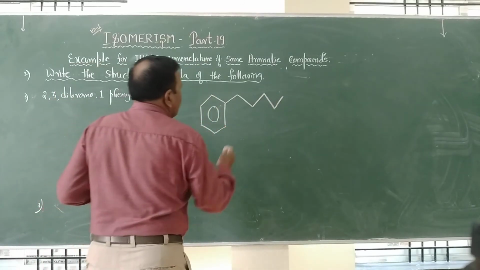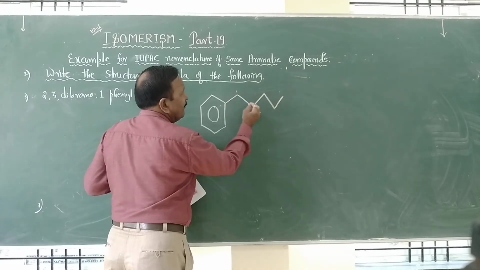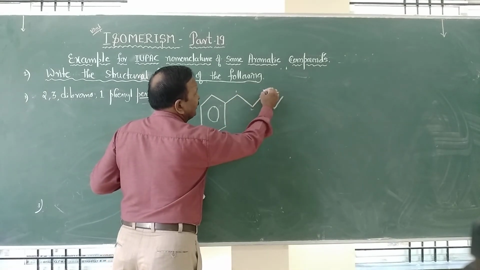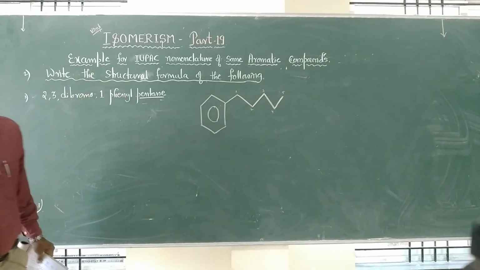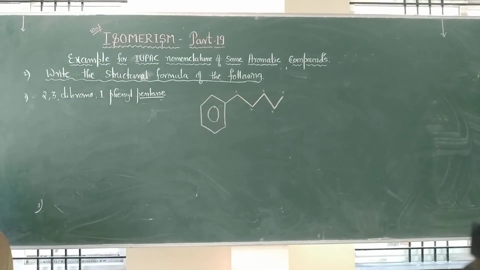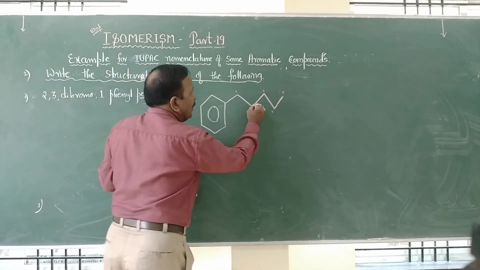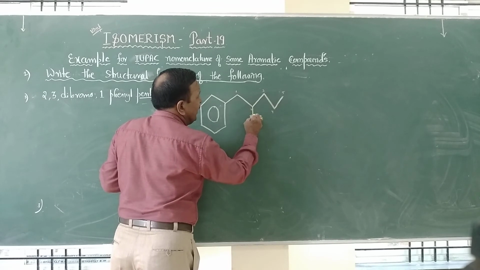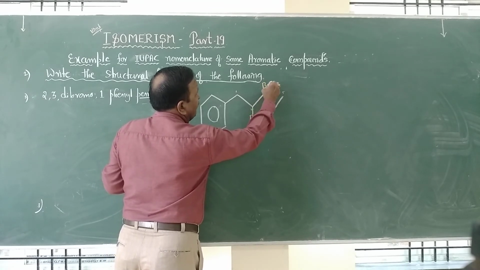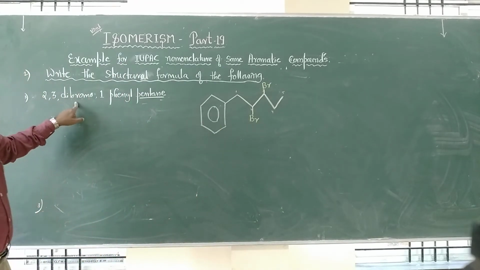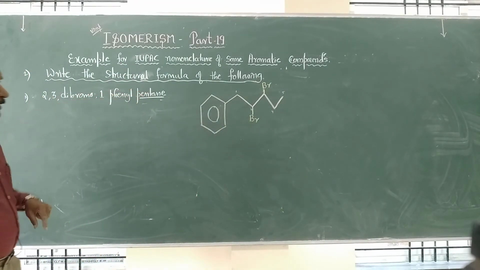So this will be 1, 2, 3, 4, 5. Then the name asks you for 2,3-dibromo. So here will be 1 bromine, and here will be 1 bromine. So 2,3-dibromo is over.